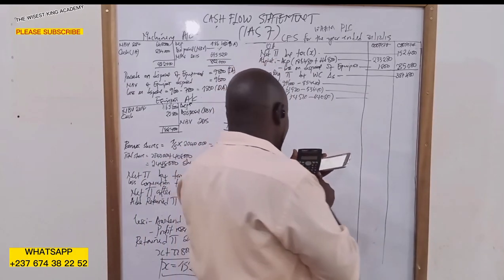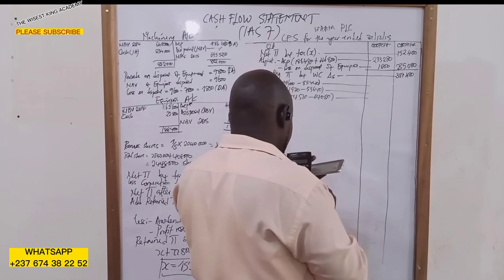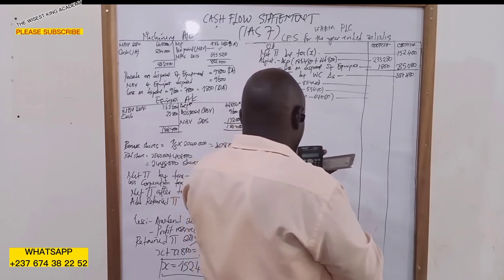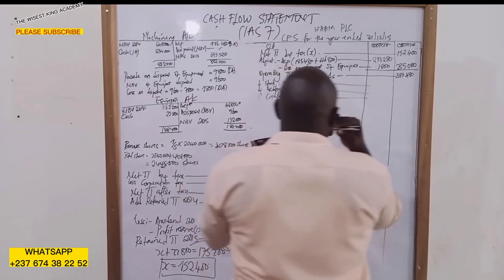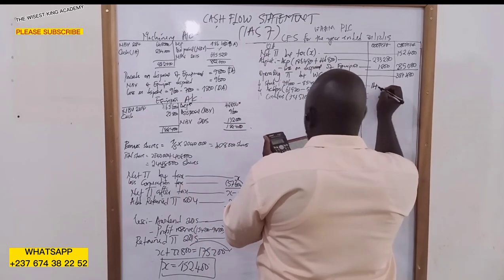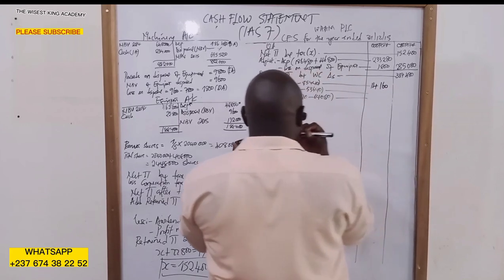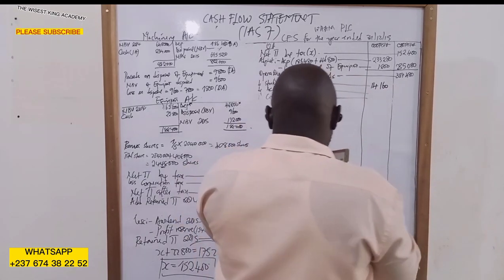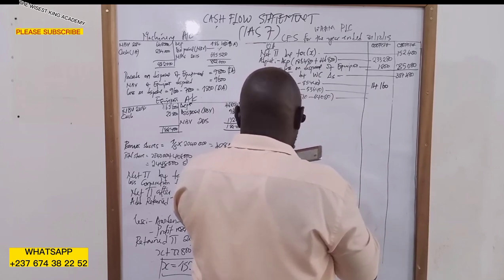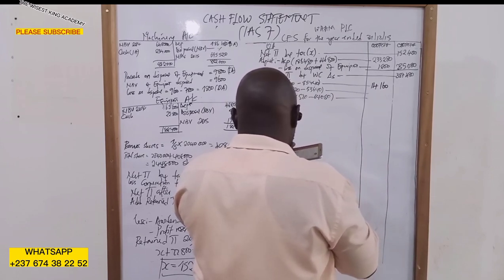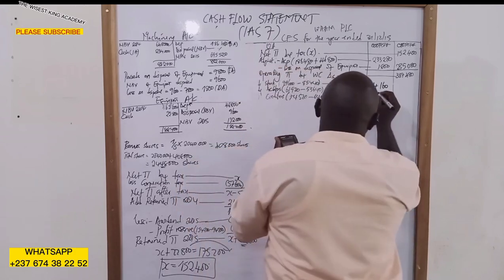So we have 99,600 minus 85,440, which comes to 14,160 positive. We have 61,920 minus 53,640, which is 8,280.